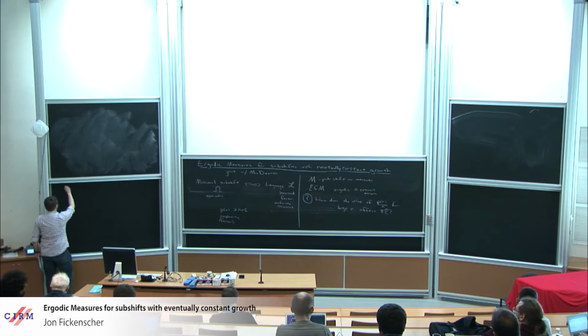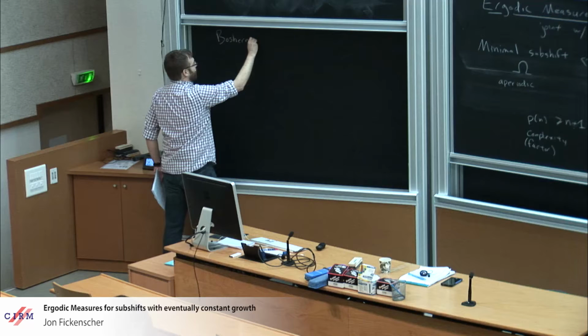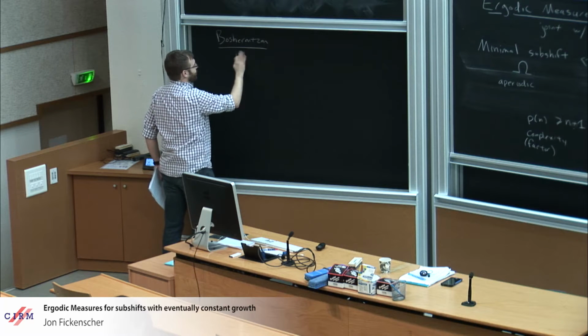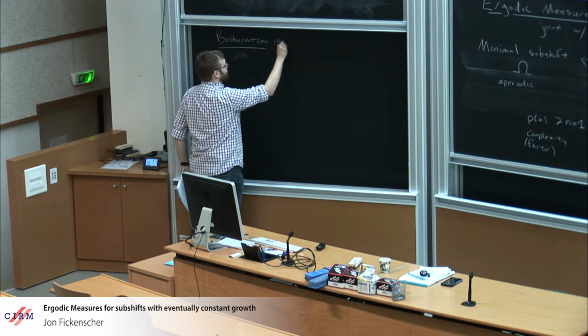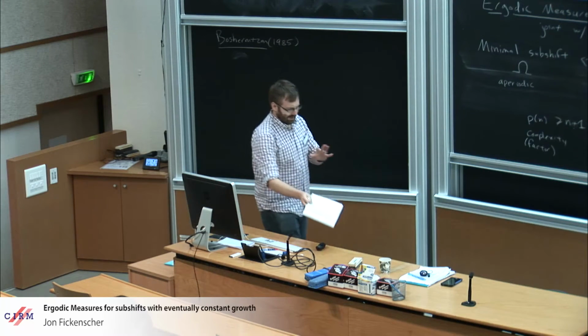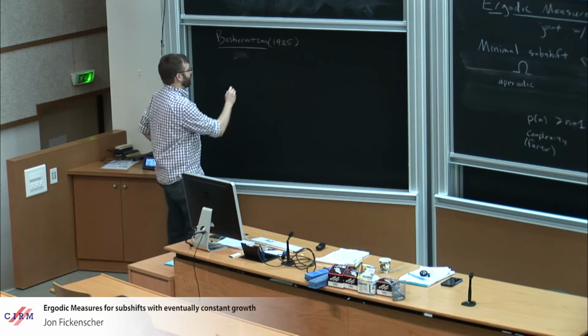So the first thing that I'll mention came from Boshernitzan in 1985. And he showed two different results, or at least I'll say showed with a fine print or caveat afterwards.